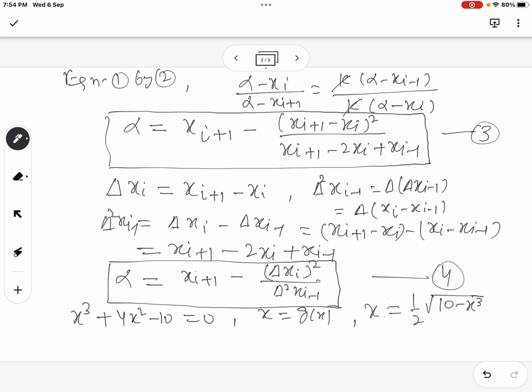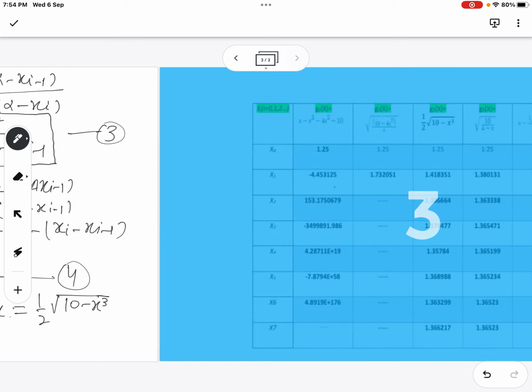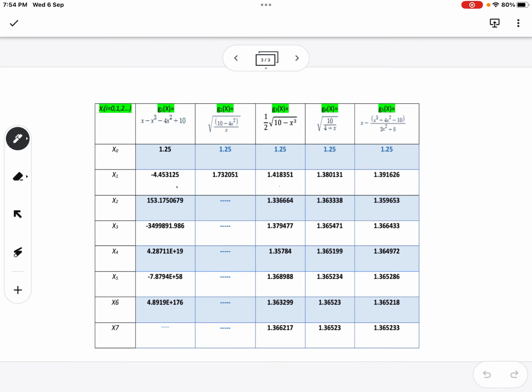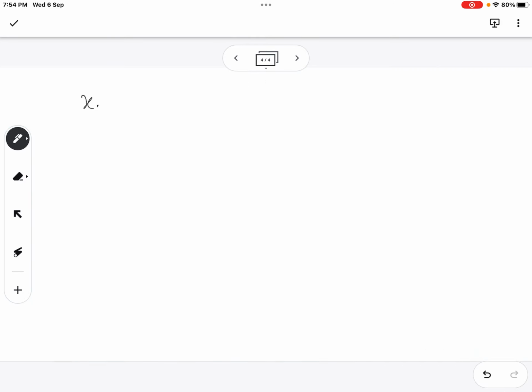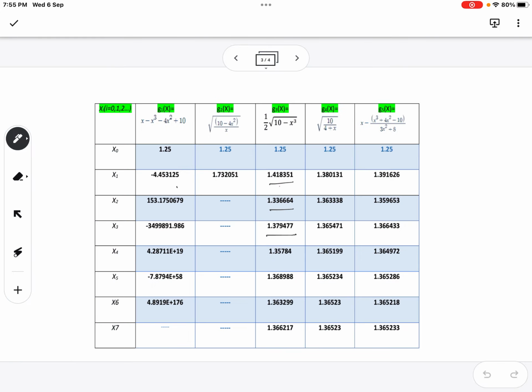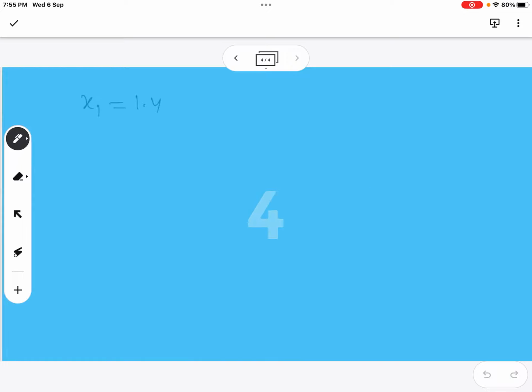For this one we did the calculation with the initial approximation 1.25, and the first three successive approximations are these. Let us write them down. The first approximation is x1 is equal to 1.418351.